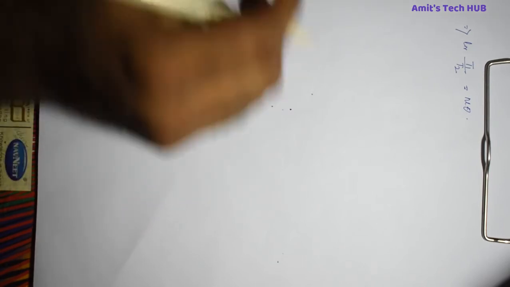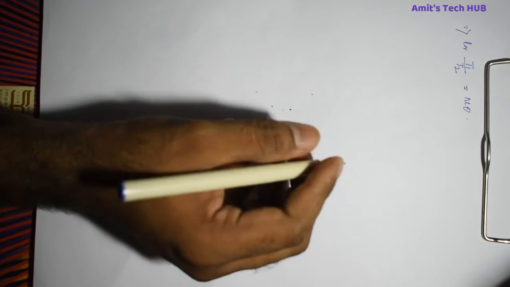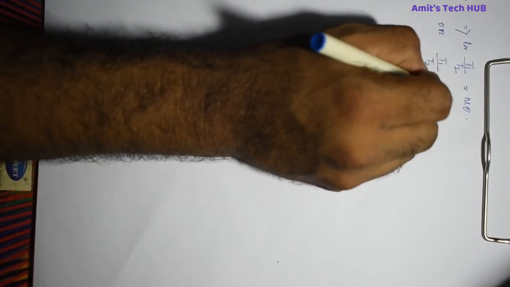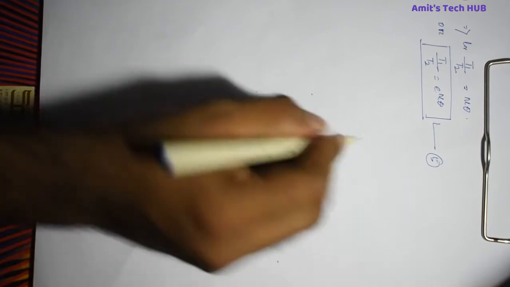Integration of del t by t can be given by ln T1 by T2 is equal to mu theta, or we can write T1 by T2 is equal to e to the power mu theta. That is equation number 5.